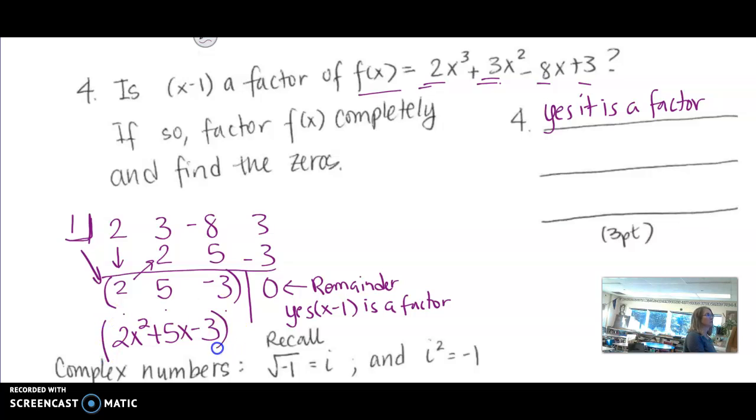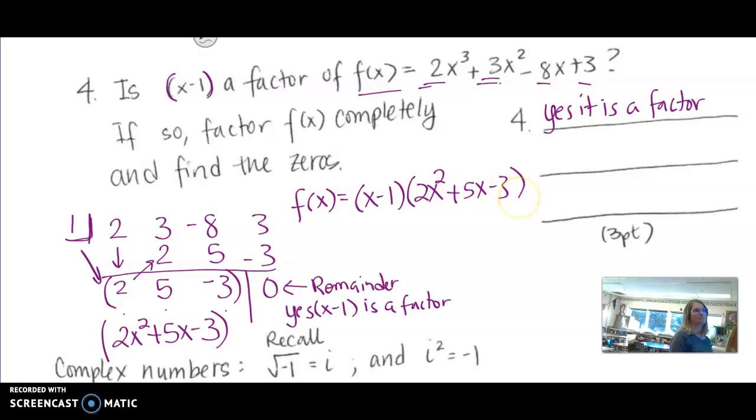So if this is my quotient and this was my divisor, then f of x, we can start factoring it. We know that x minus 1 is a factor, and if I multiplied it by the quotient, I would get this. If I multiplied x minus 1 through to this trinomial here and simplified everything, I would get that original function back. So we've partially factored this, and to find the zeros, that's what we need to do.